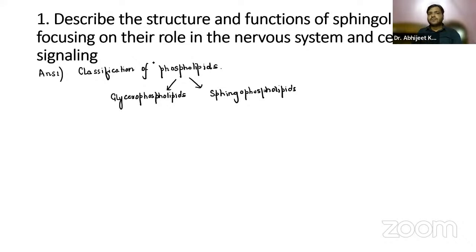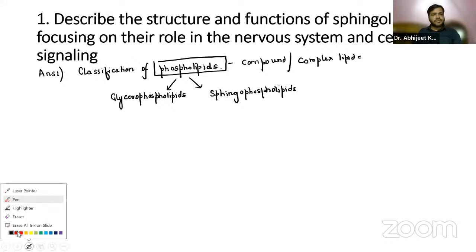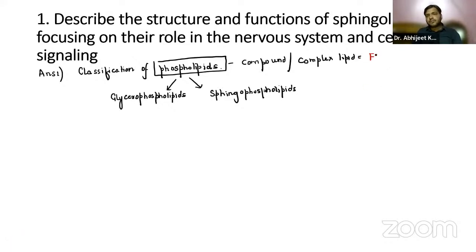Already you know that phospholipid is a compound lipid, or I can say it is a complex kind of lipid, where you basically know the definition: it is composed of fatty acid plus alcohol plus other group.